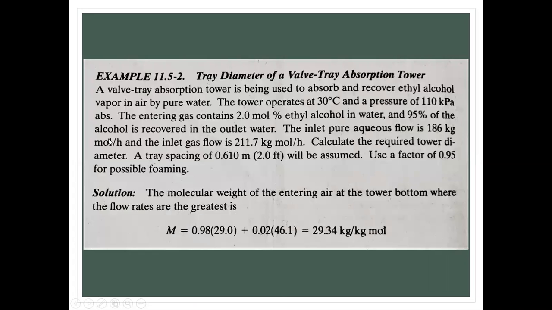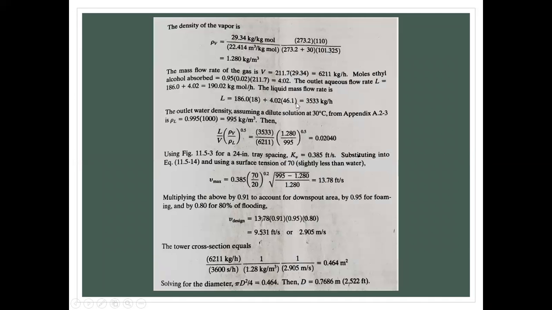So we go back to our problem. The L, the liquid, divided by the gas that entered, times the density of the gas computed divided by the density of the liquid taken from the appropriate property table. And you have the value of the abscissa of 0.0204.